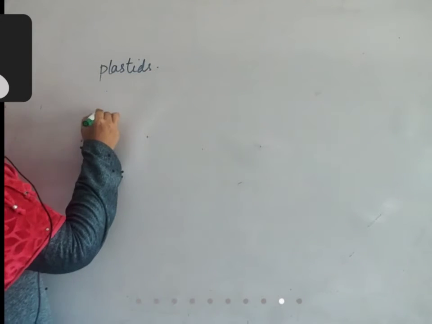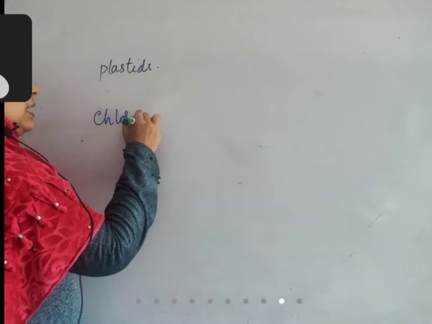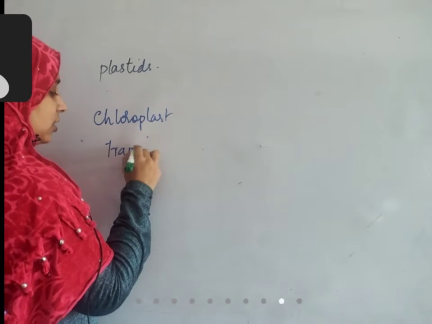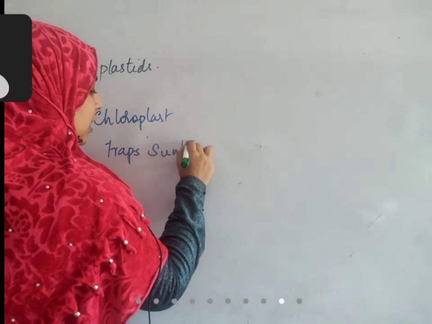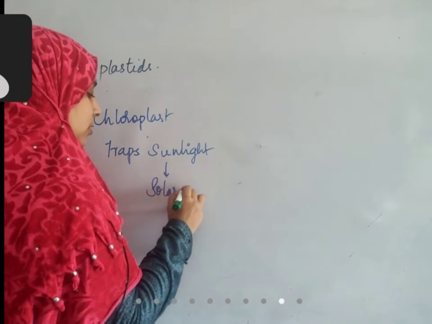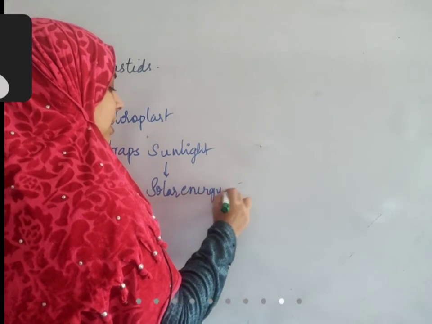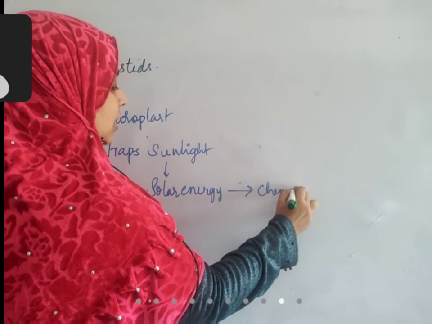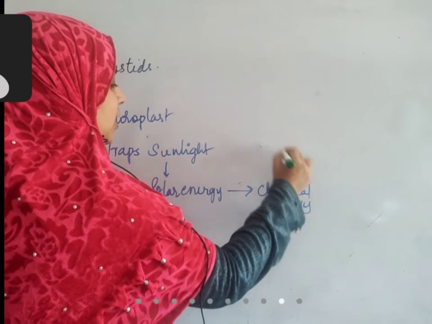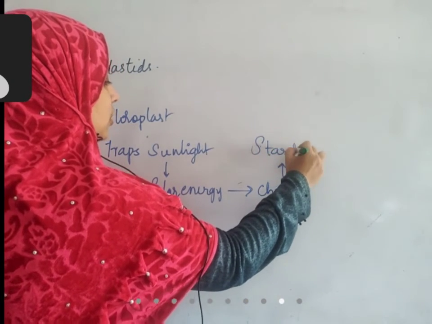The only function of chloroplast is it traps the sunlight and converts the solar energy that is coming out of this into chemical energy. This chemical energy is nothing but starch molecule.